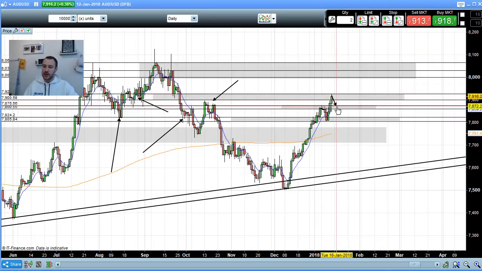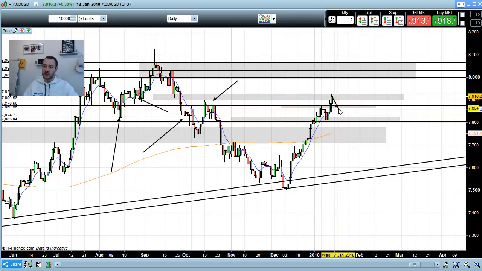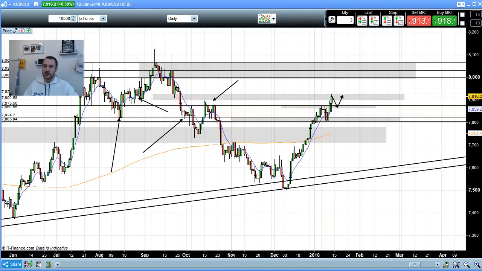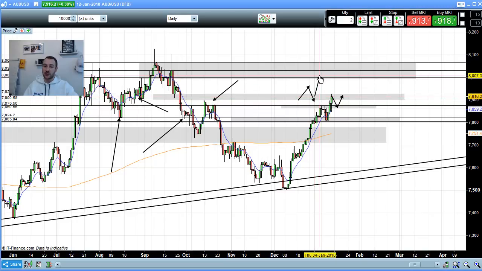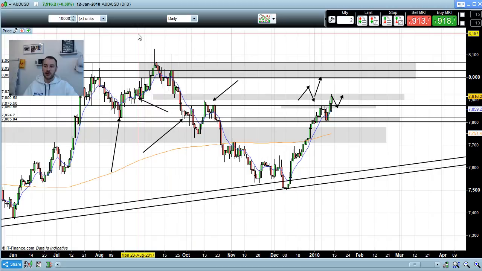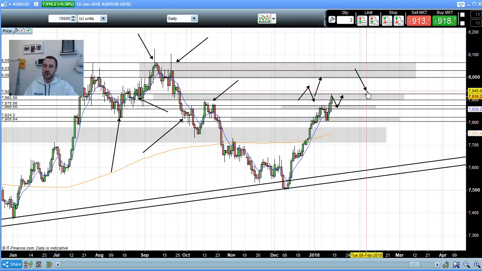If we do see small pullbacks, I'm happy to look for potential bullish positions and continuation once again. And then if we start to break above this level, that's when I would start to look for a stronger move up once again on Australian dollar, US dollar, potentially all the way up to that 8,000 level and these previous highs, which once again are key resistance where we can look for potential weakness.